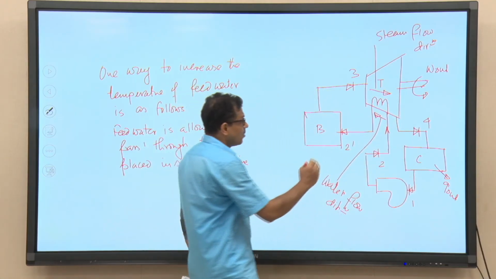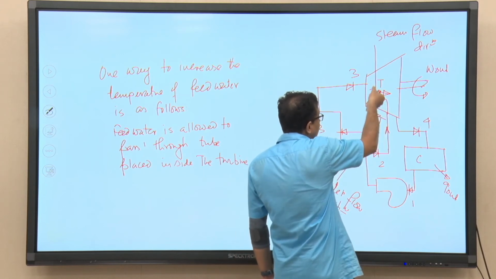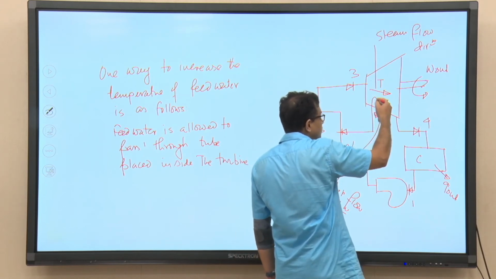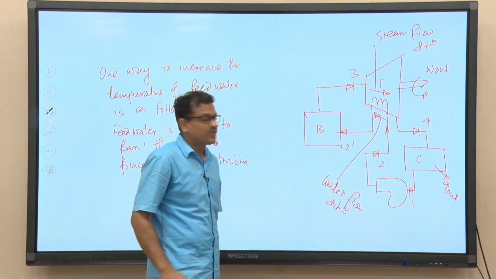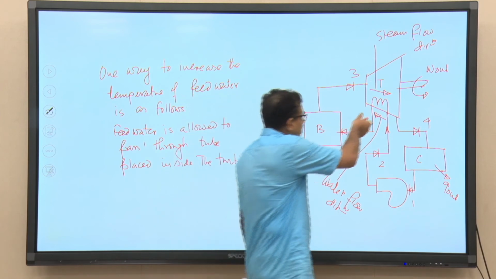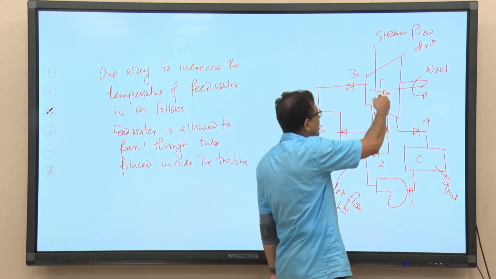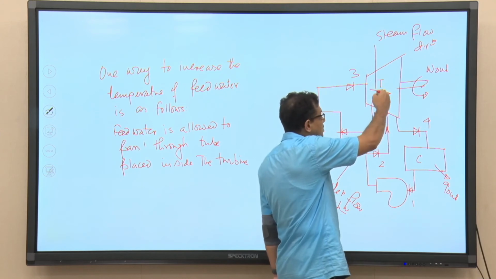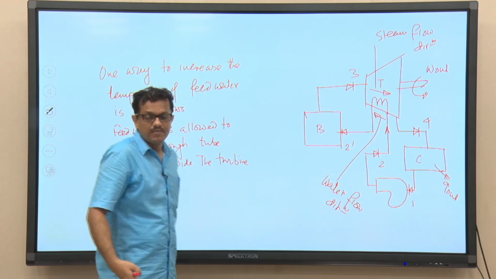So, when water passes through the circuit in the turbine, the direction of water flow is opposite to the steam flow, and the water will be heated by taking heat from the expanding steam. So, heat will be transferred from the expanding steam, because steam has high enthalpy, right, and its temperature is high.